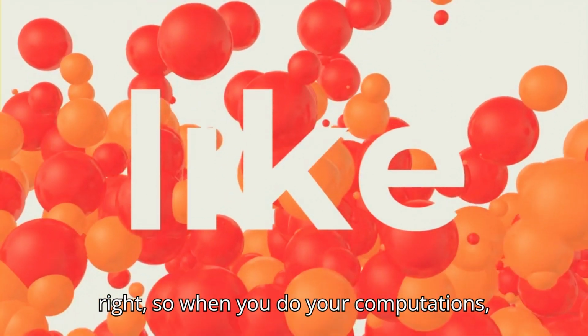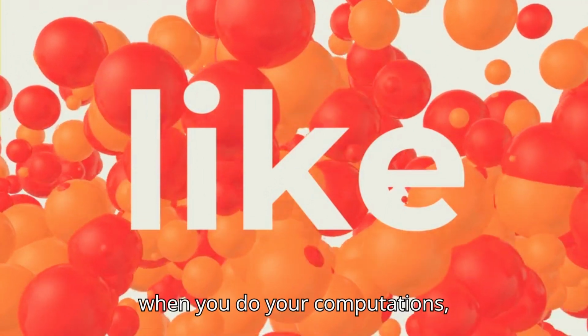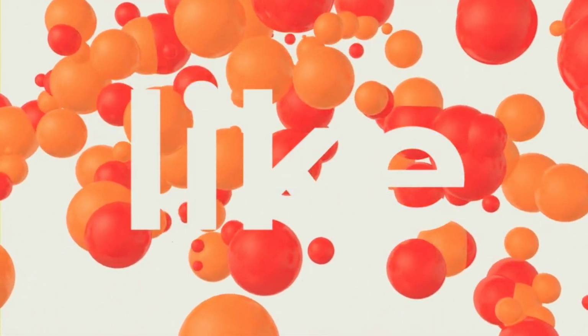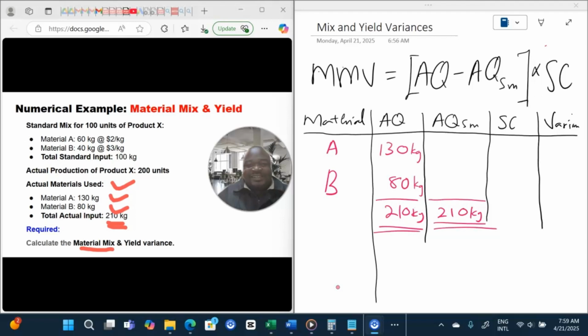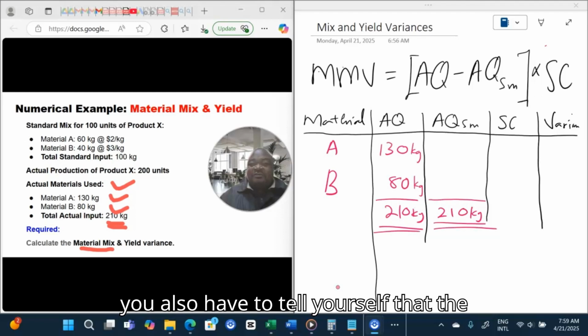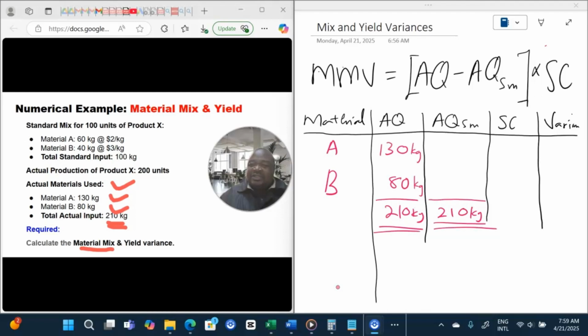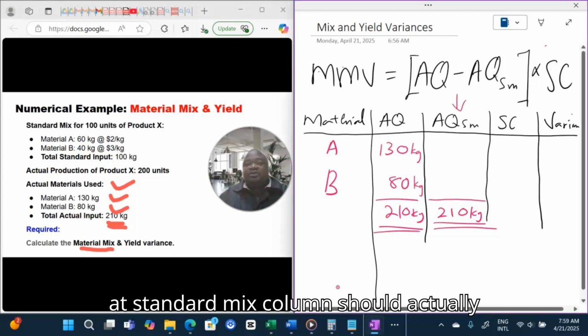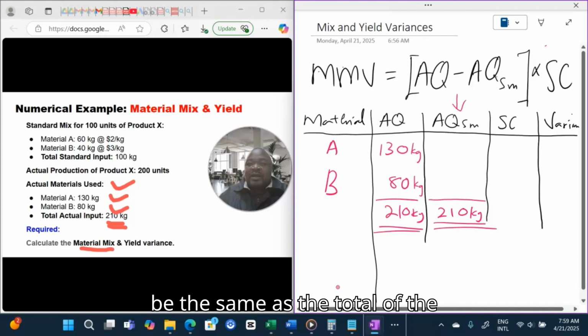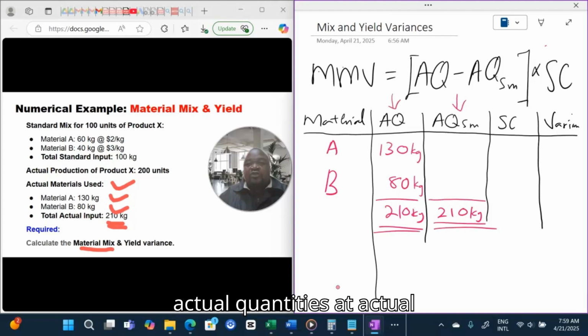When you do your computations, you also have to tell yourself that the total of the actual quantities at standard mix column should be the same as the total of the actual quantities at actual mix.